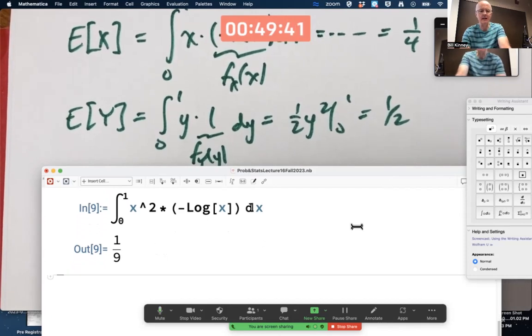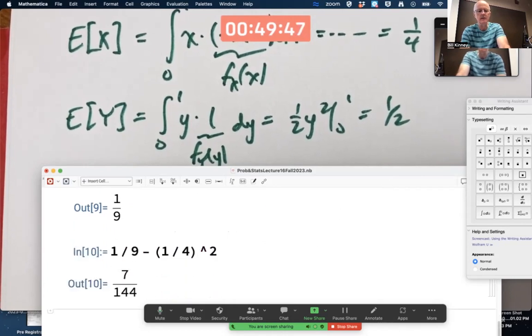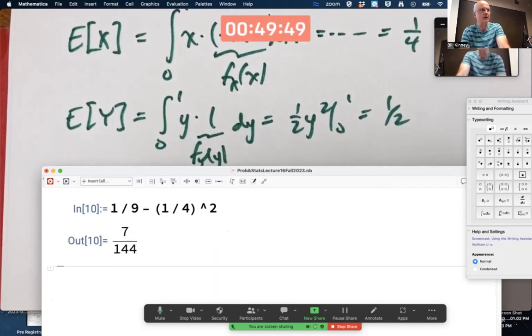The variance of x then would be 1/9 minus 1/4 squared. Variance of x is 7/144. You want to write that down? Maybe check it on your own. Variance of y. Do I remember the variance for a uniform distribution? Wasn't it b minus a squared over 12?